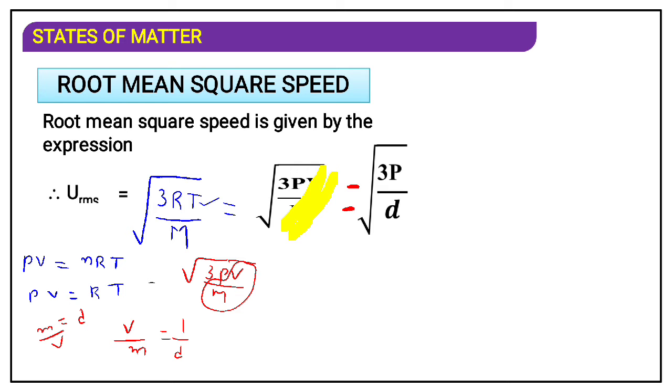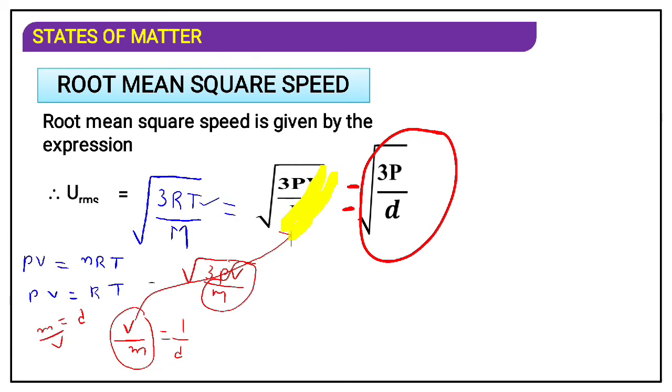Because in the place of V by M, we are substituting 1 by D. Then we will get root 3P divided by D. These three formulas are very important to solve root mean square velocity.